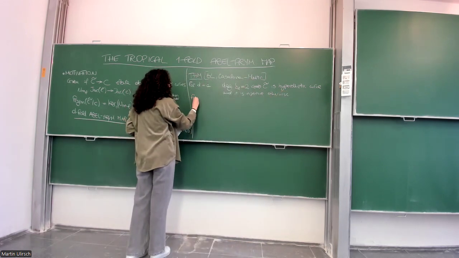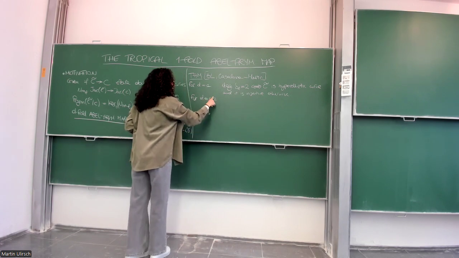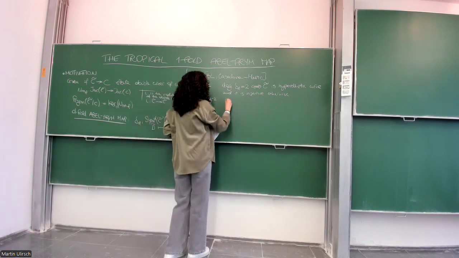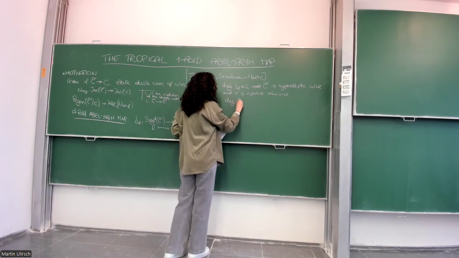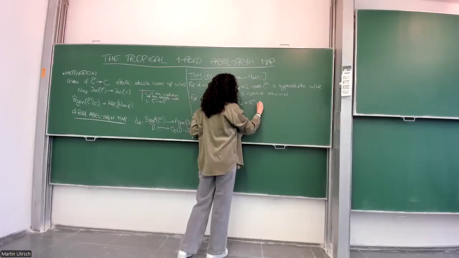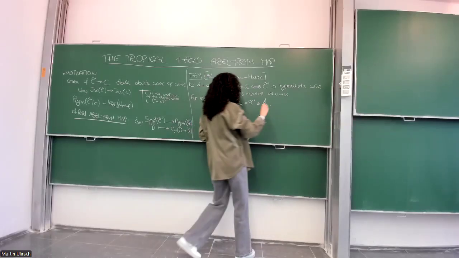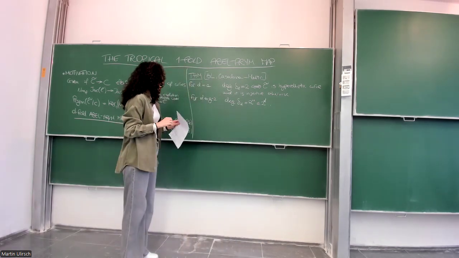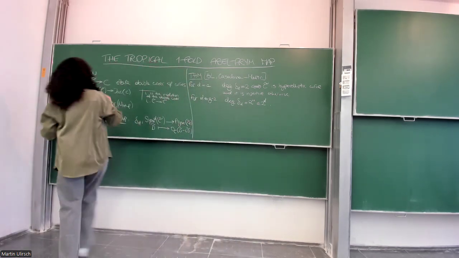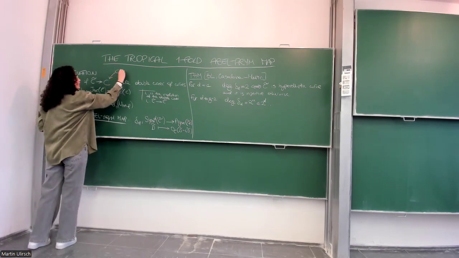If we consider d less or equal than g minus 2, then the degree of this map is 2 to the power of n, less or equal than 2 to the d. Yeah, sorry, I didn't say it. g is the genus of this curve.